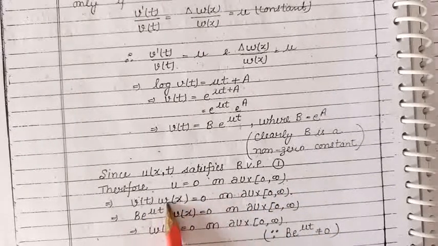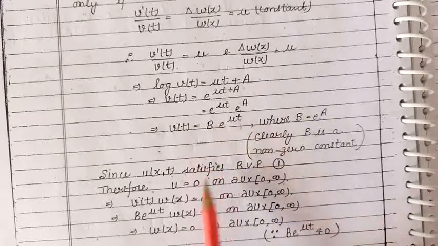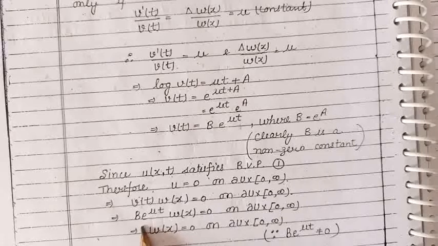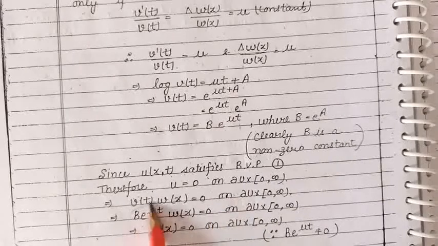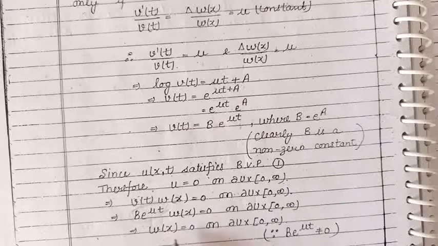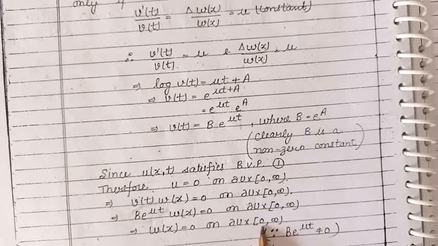So v into w is equal to 0. Putting the value of v from here, we get b into e raised to the power mu t into w is equal to 0. Now this term cannot be 0. So we get w is equal to 0 on the boundary of U cross the semi-open interval 0 to infinity.